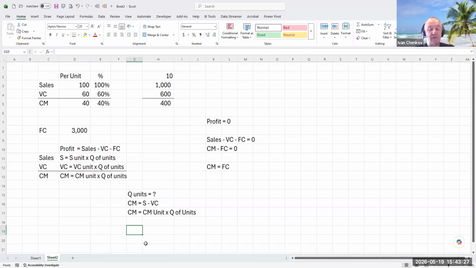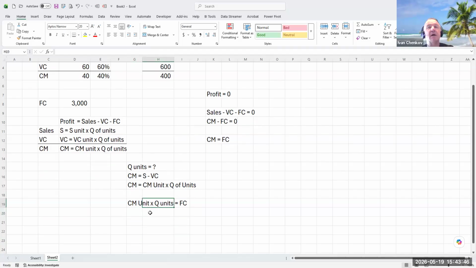I'm going to have contribution margin per unit times number of units should be equal to my fixed cost. From this formula, can I express how many units I need to sell in order to cover my fixed cost? That should be straightforward. Number of units should be equal to fixed cost divided by contribution margin per unit.